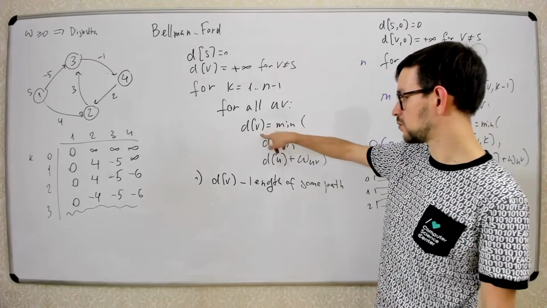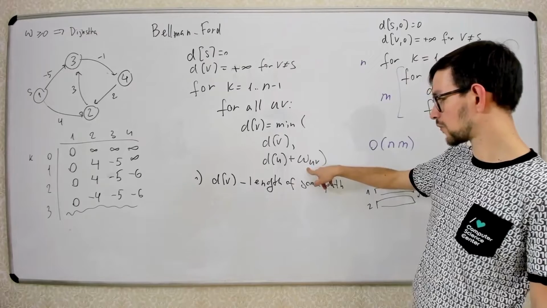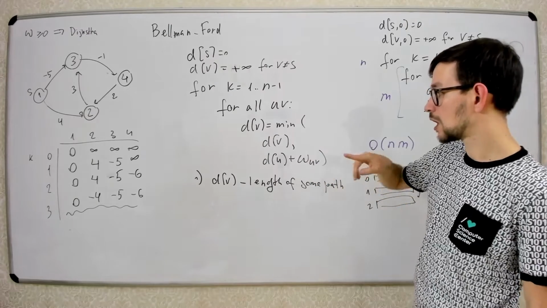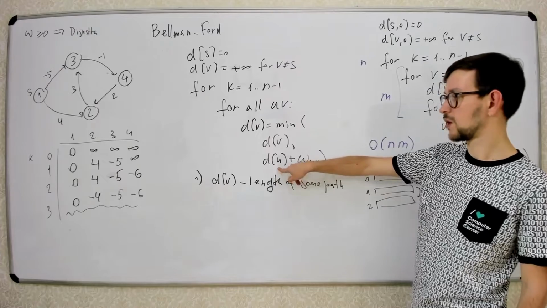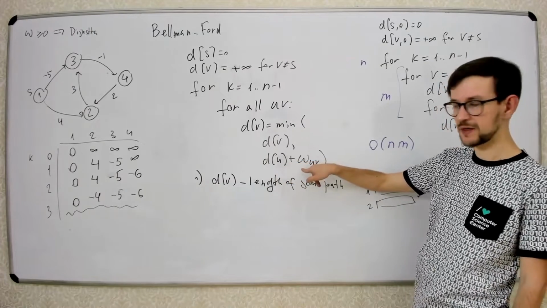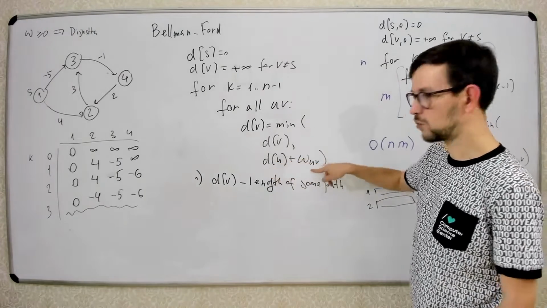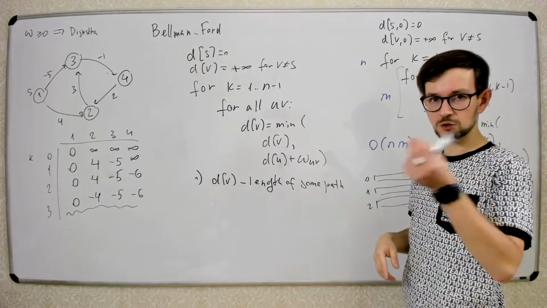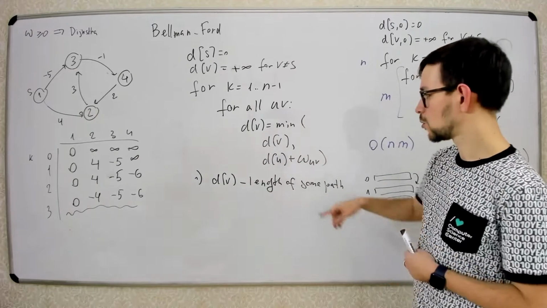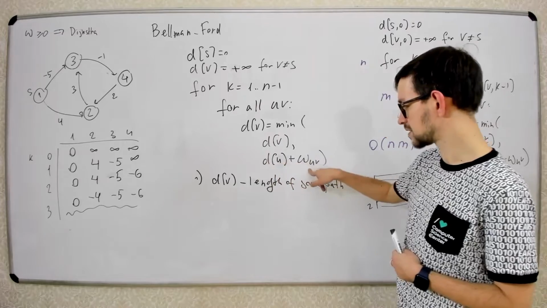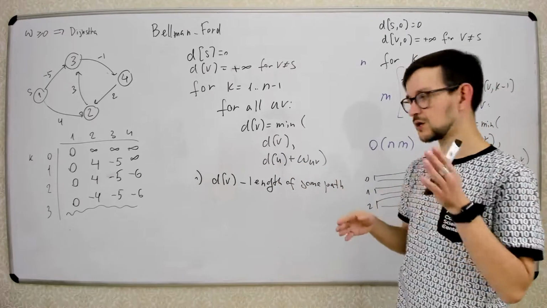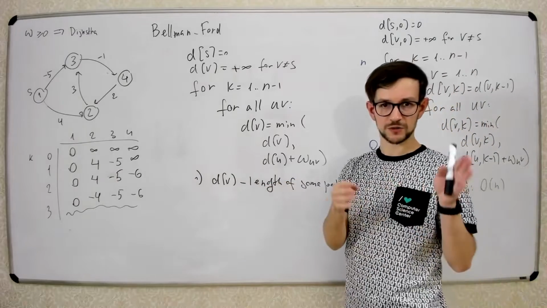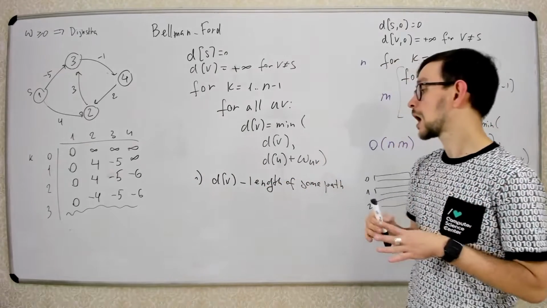So the value of dv will be du plus the length of this edge. So if we have some path to u, we can add this edge to this path. So this sum will be the length of some path from S to V. Okay? So we have some path from S to U plus this edge. So this sum is some path from S to V. So these dv are always correct. There is some path of this length.